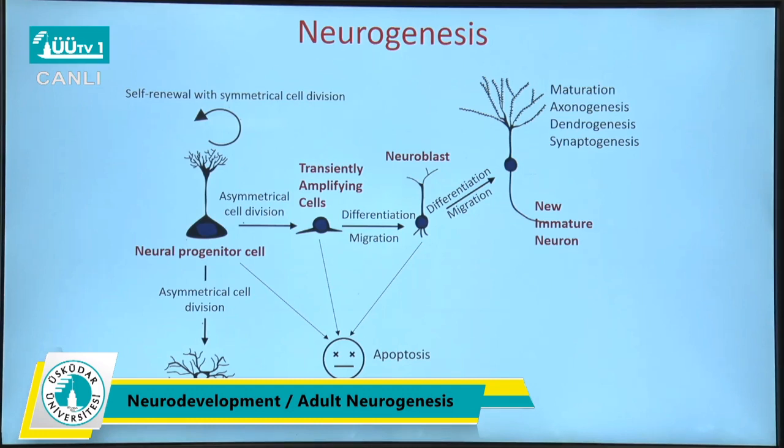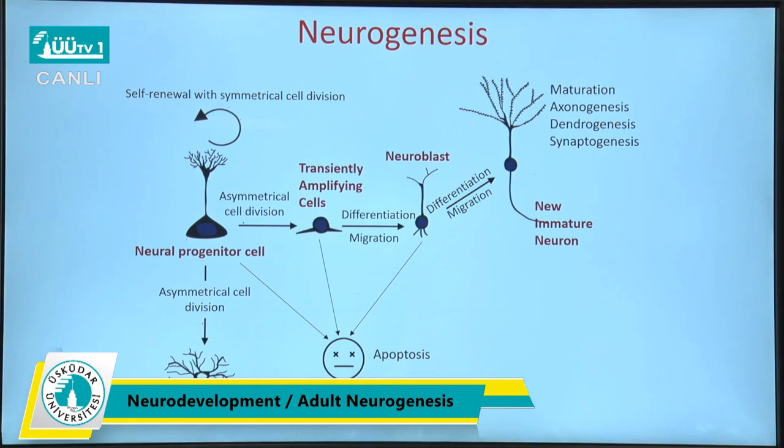We know that there are three important processes during neurogenesis. The first one is the proliferation, and during proliferation we can see both symmetrical cell division and asymmetrical cell division. Symmetrical cell division will be used as a way for proliferation, for self-renewal of the particular cell type, whereas asymmetric cell division will serve as a source of differentiation, as you know.